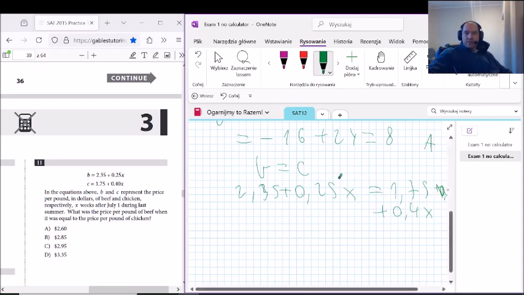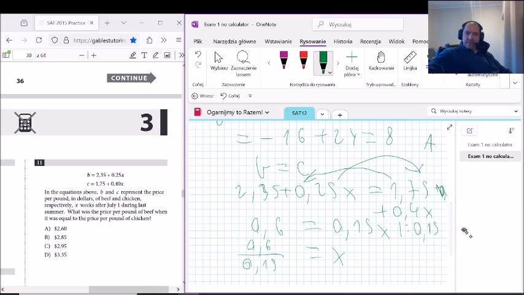Okay, so I would put x on the right and 1.75 on the left. 2.35 minus 1.75 is 0.6 equals 0.4x minus 0.25x equals 0.15x. Now we divide this by 0.15. We get 0.6 divided by 0.15 equals x.